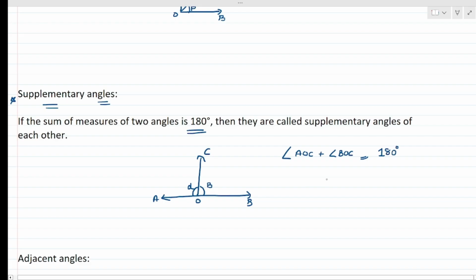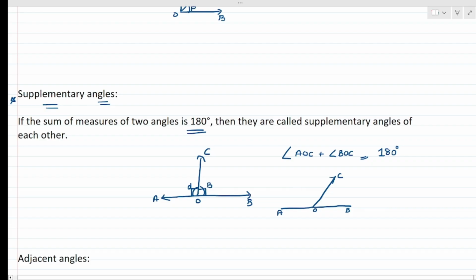You can go for this diagram or you can go for this diagram as well. My angle AOB and this is my angle C. In this case, it is a straight line. That means it can be clearly seen that it is perpendicular, 90 degrees. So 90 plus 90 will of course give us 180 degrees.